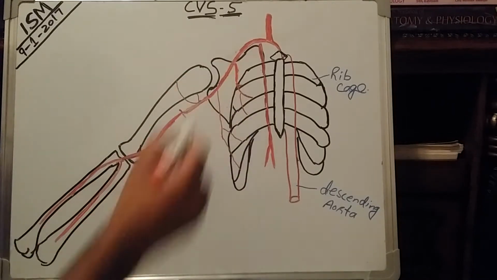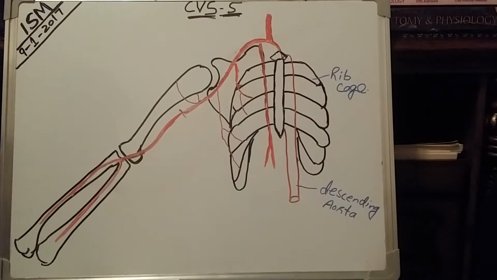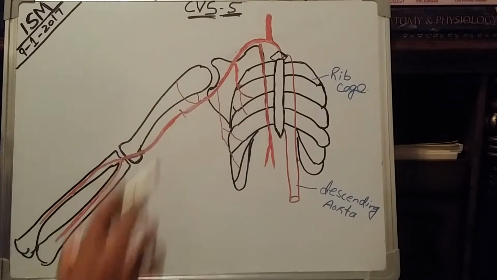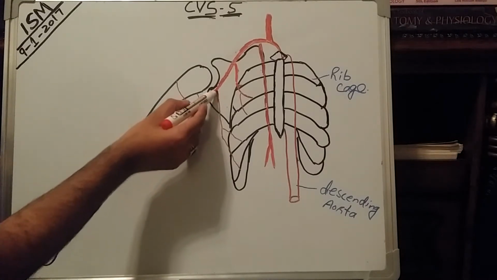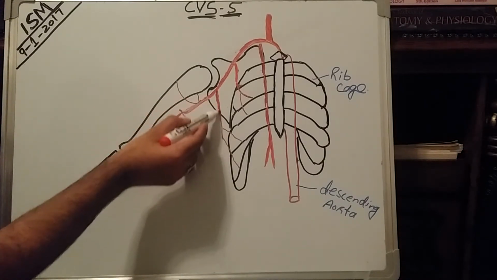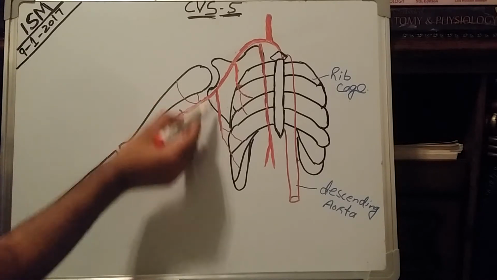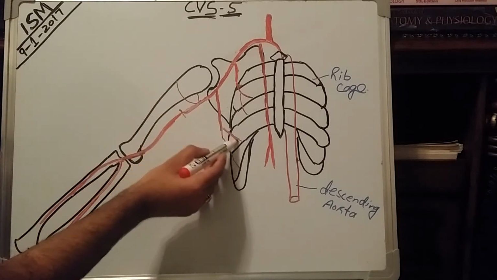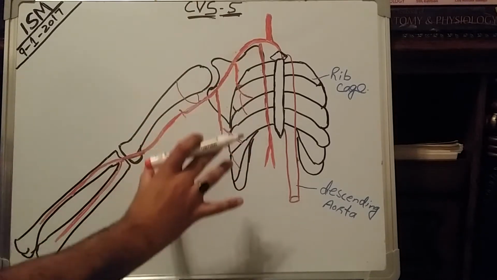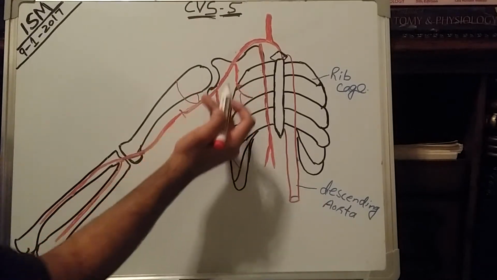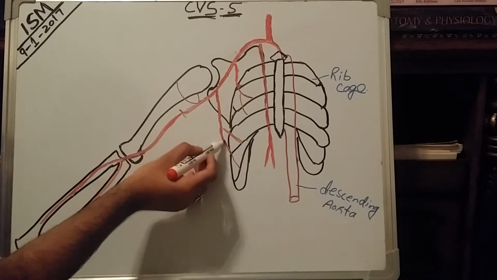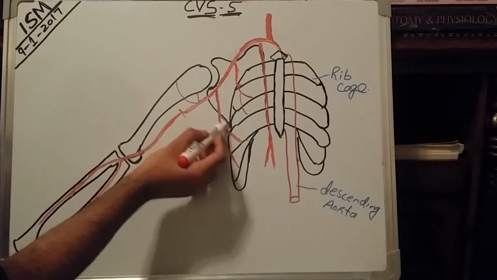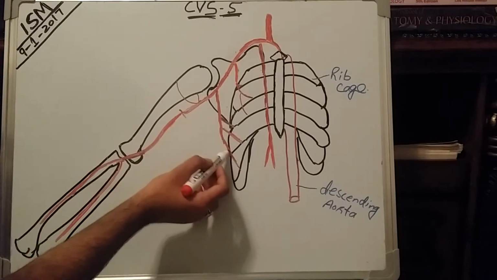Another artery originating from the second portion of the axillary artery is the lateral thoracic artery, which provides blood supply to the lateral side of the rib cage. This is the lateral side and this is the medial side.